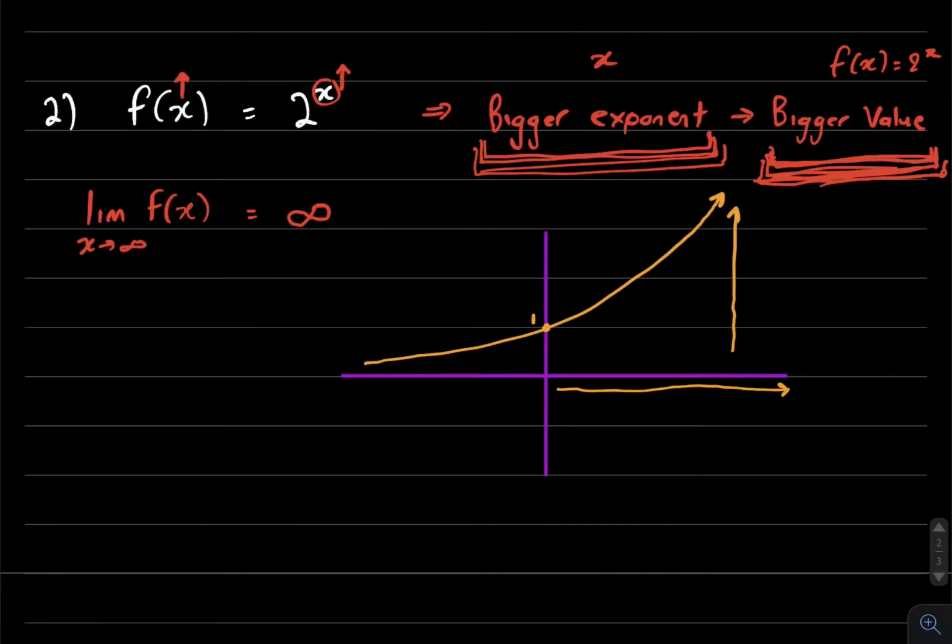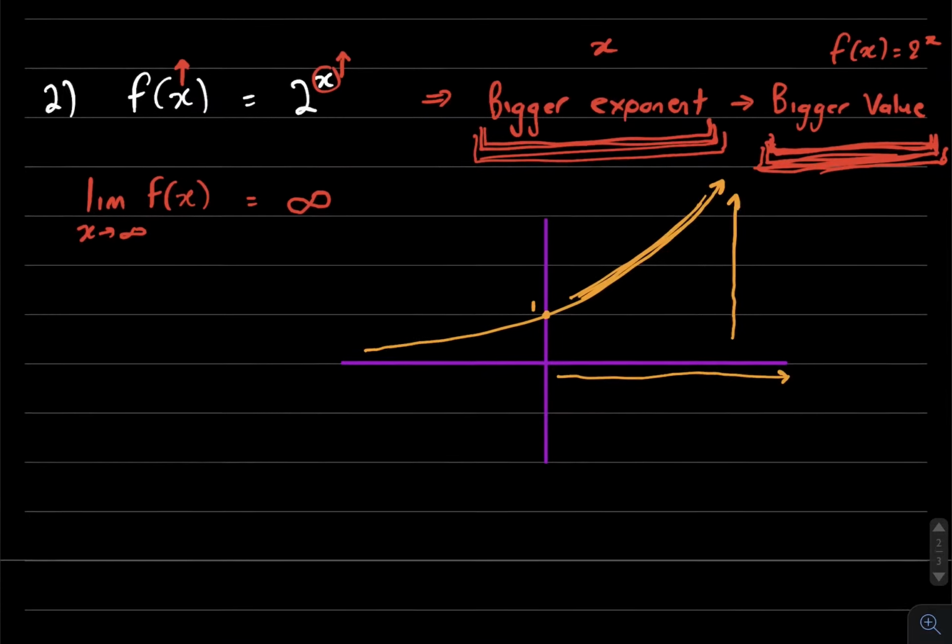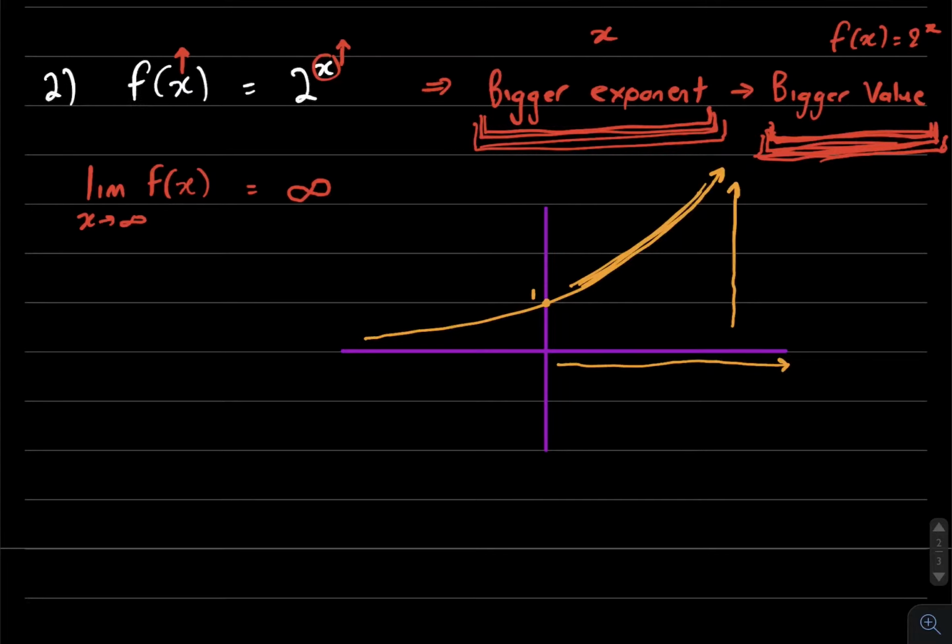It goes up. The graph keeps going up in that direction. It's getting much bigger for each value of x as it's increasing. So we can see from the graph that this function does approach infinity as x approaches infinity. Okay? So we can confirm the limit is infinity.